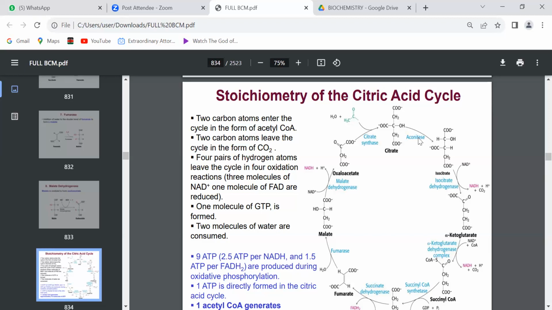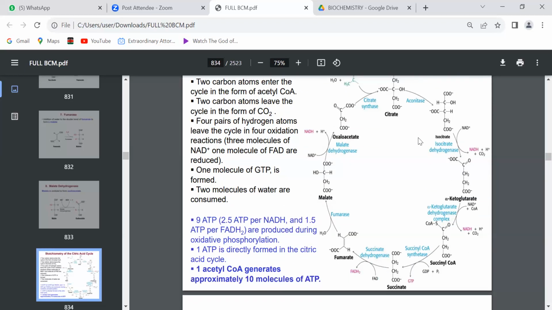And then also there's ATP produced, which is actually what we want, the energy.